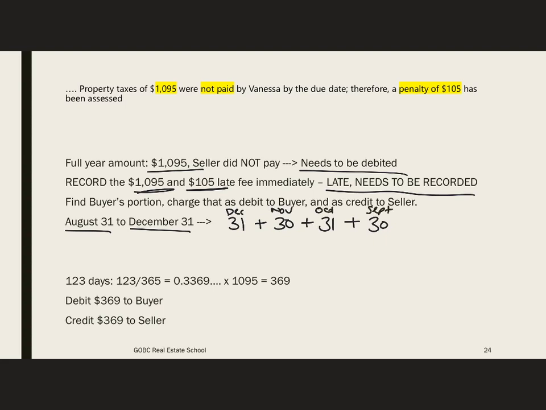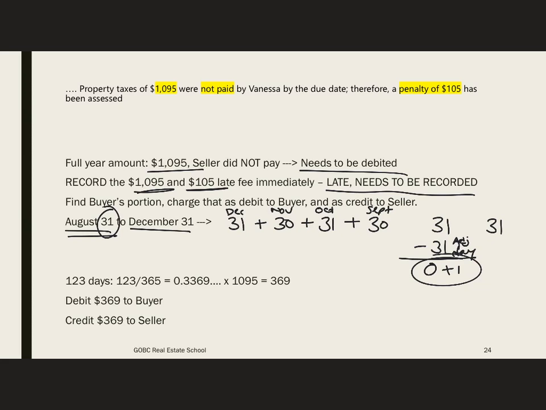And then we are in August, so we're not doing the full month of August, we're actually only from August 31st. Remember, there were two ways for you to do this. You could take 31 days in August and subtract off that adjustment day, and you would get 0, but the buyer is actually responsible for that adjustment day, so we would need to add it back on, and you would get 1 day for that.